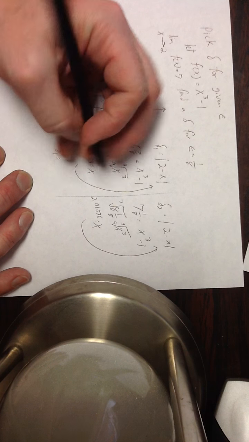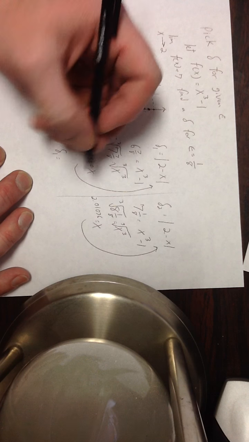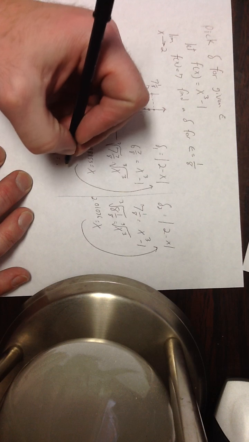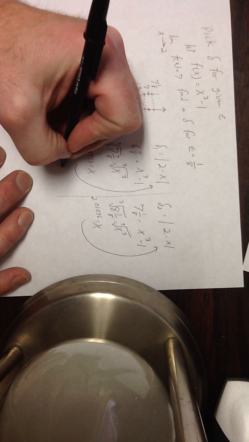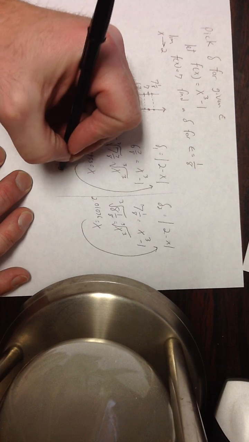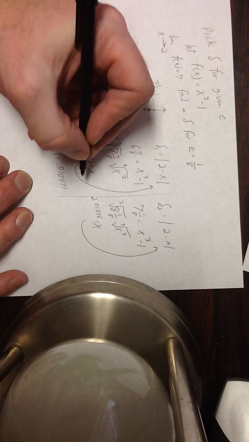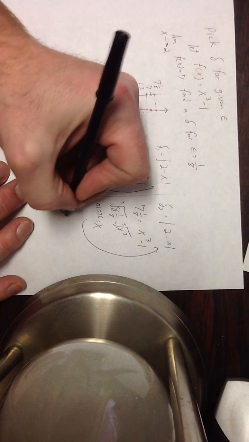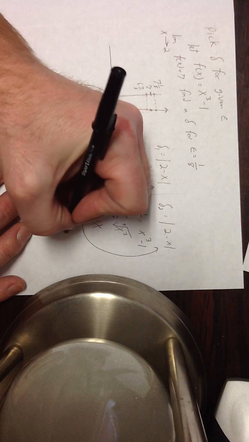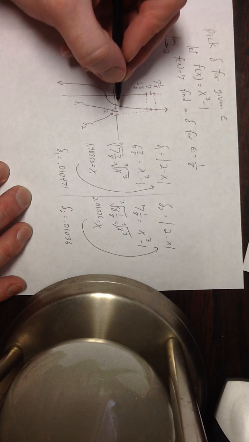So if I plug this in up here and I plug this one in up here, delta 1 looks like 0.010471, and the other one, delta 2, is equal to 0.01036.